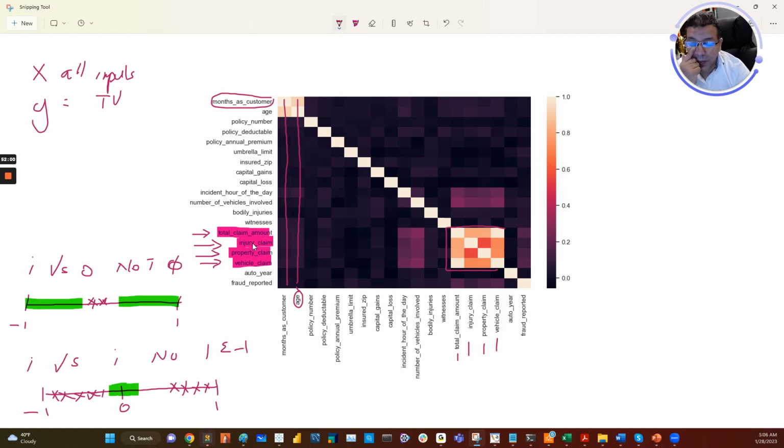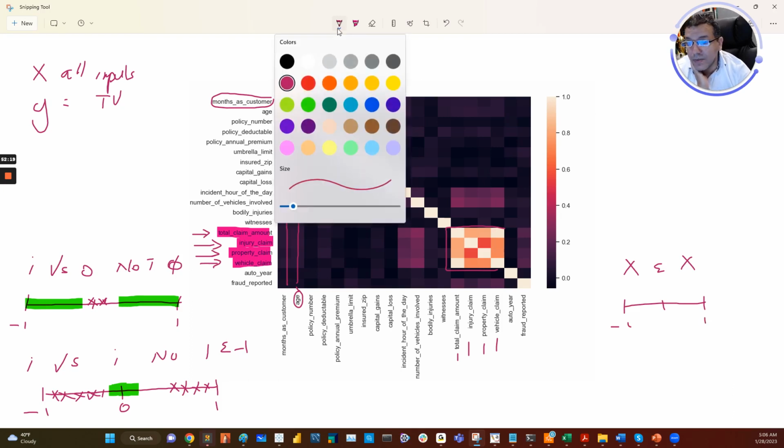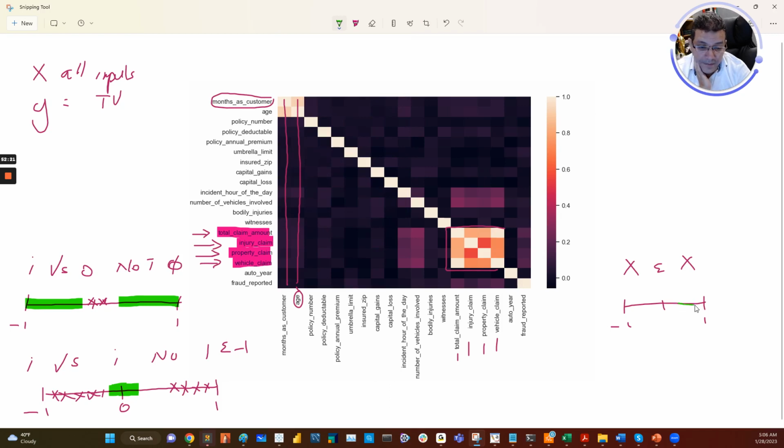with... now when we find, in x and x, if we find something that is close to 1 or closer to minus 1, then we need to keep one and remove the other one.